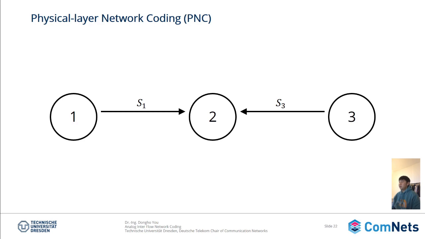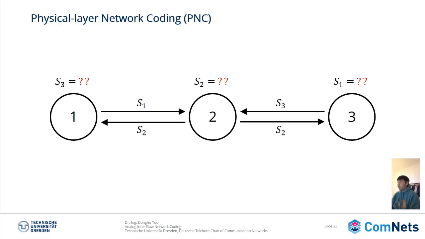Finally, let's see the case of physical layer network coding. In the first time slot, node 1 and node 3 transmit their own data to node 2 at the same time. This is the main difference. After that, node 2 encodes the superposed data somehow and then relays to node 1 and node 3 in the second time slot.